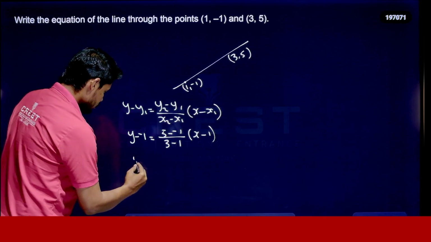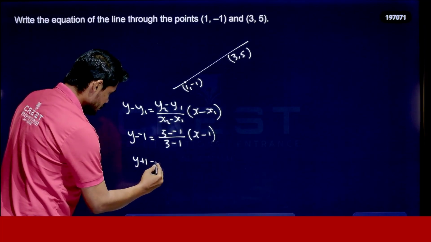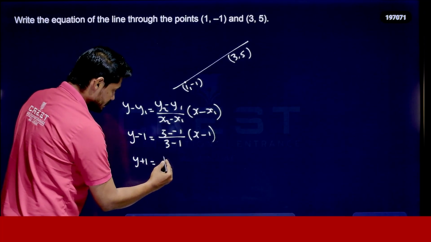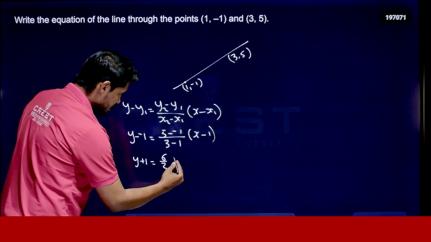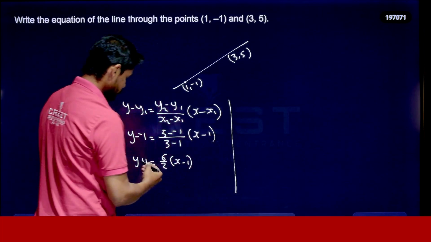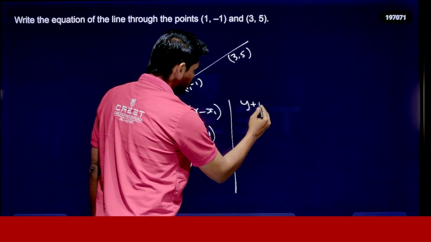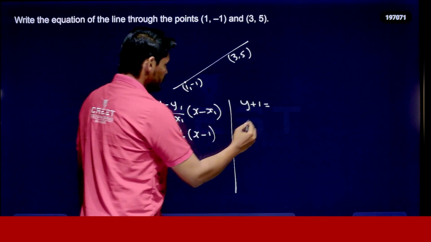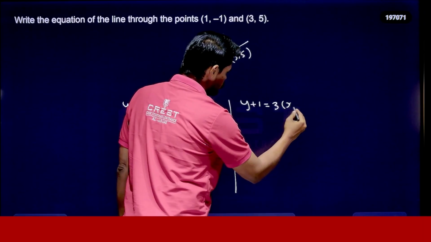When you are further solving this, y plus 1 equals 6 by 2, which is 3, into x minus 1. So it becomes y plus 1 equal to 3 into x minus 1.